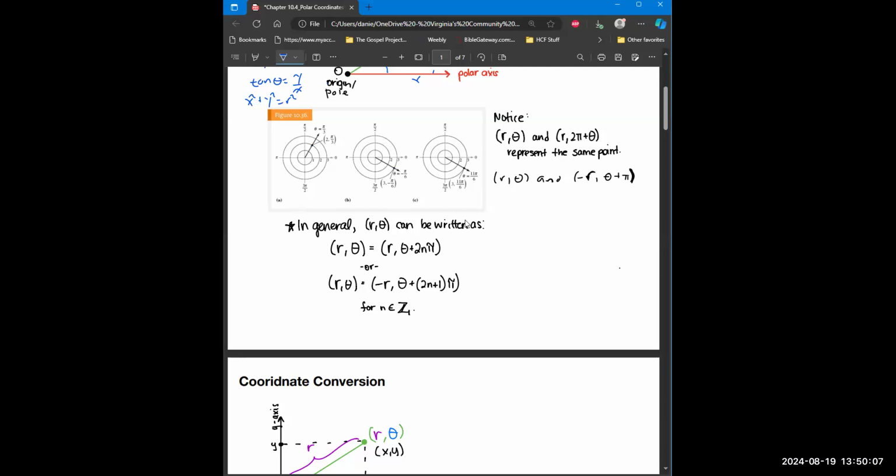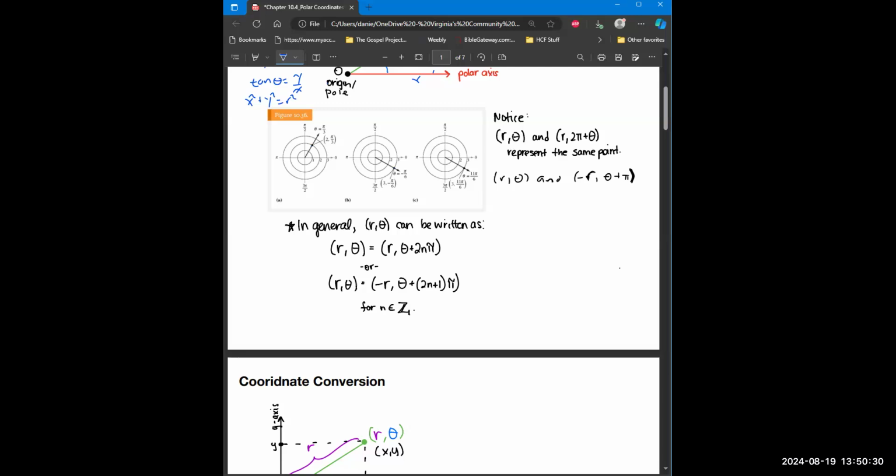So I can have a negative r comma theta plus pi. Now what I've set up here works for any even multiple of pi. So r, theta is going to be equal to r comma theta plus 2n pi, where n is an integer, so 2n is an even multiple there of pi.